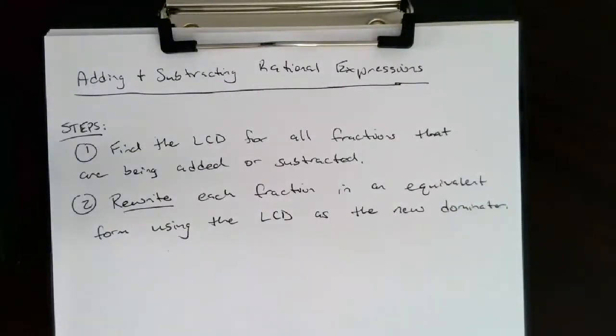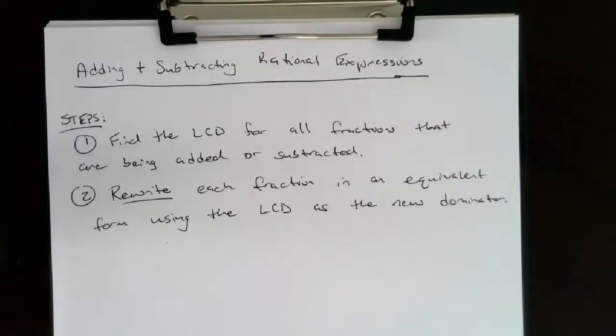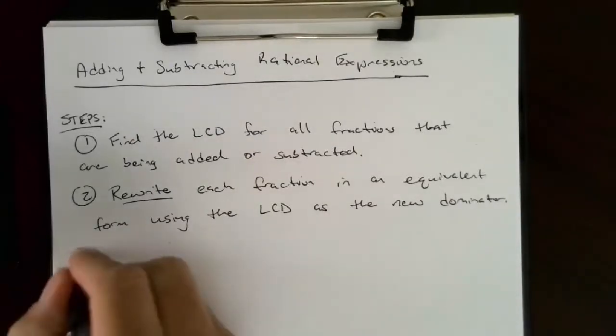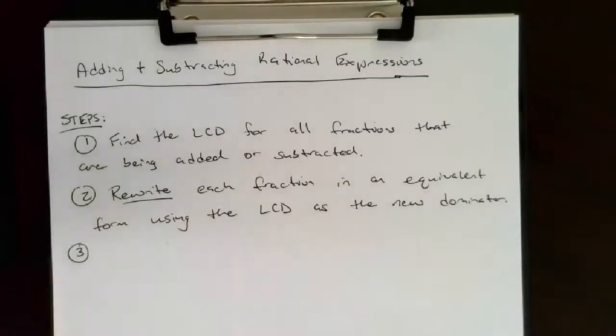So you find an LCD and you rewrite each fraction in an equivalent form using the LCD as the new denominator. So you don't just change the denominator to whatever the LCD is, you are rewriting it in an equivalent form, which means you'll have to change the numerator as well by multiplication.